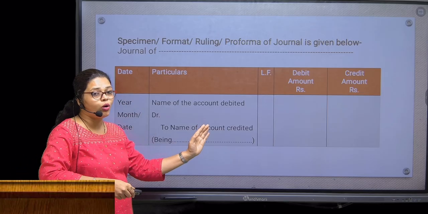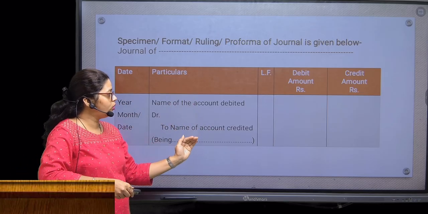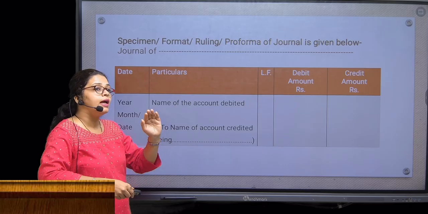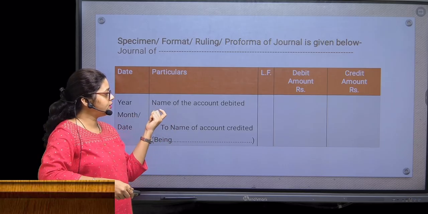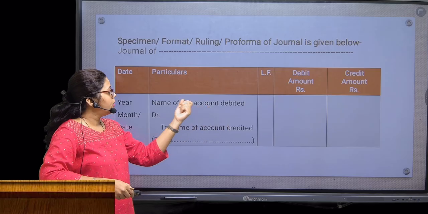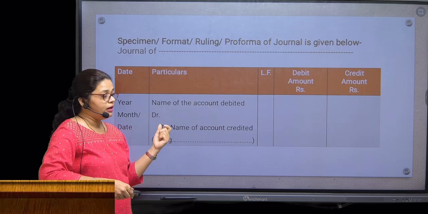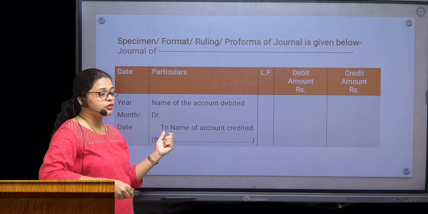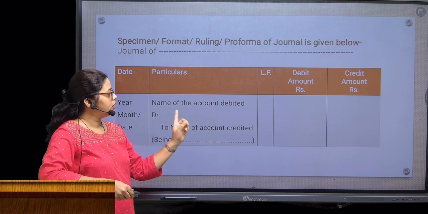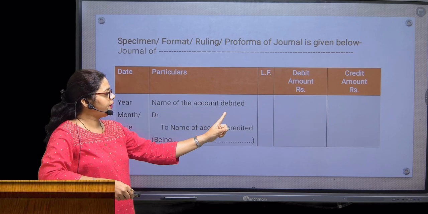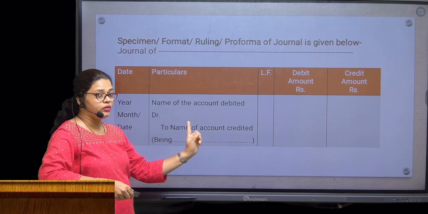In the second column, we record the particulars, how the two aspects of the transaction are identified. Accordingly, one transaction is debited and it is denoted by Dr, and the second, the credit transaction, we denote by To. Here we write the name of the account debited and to account credited.